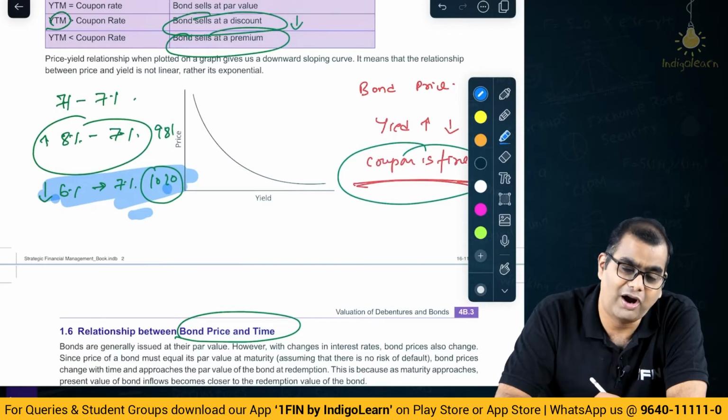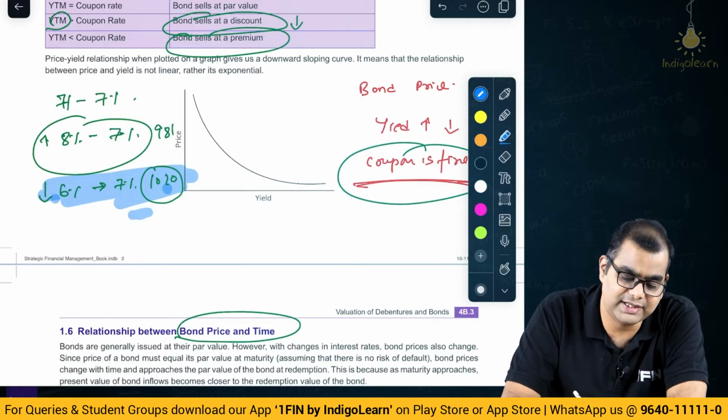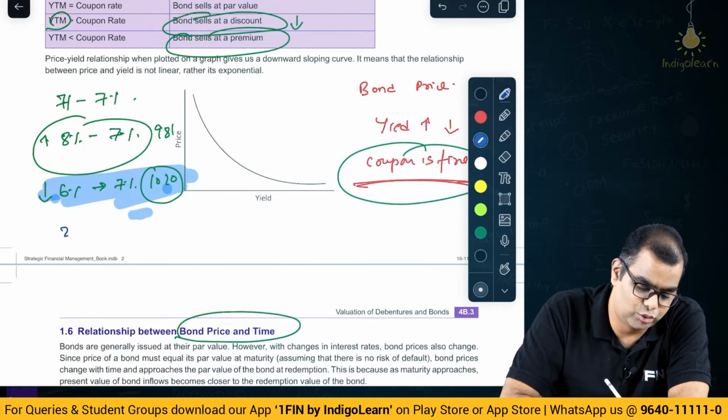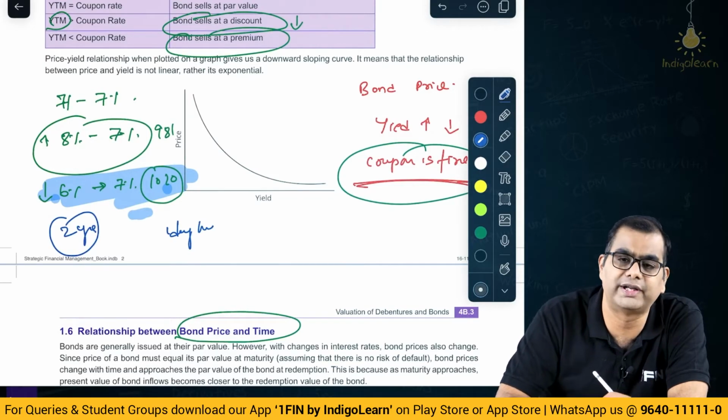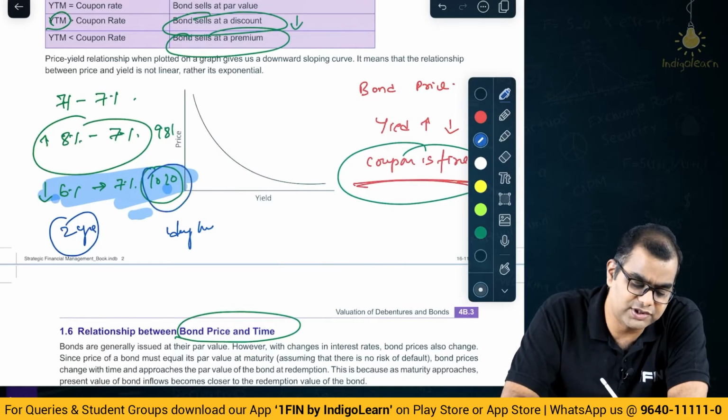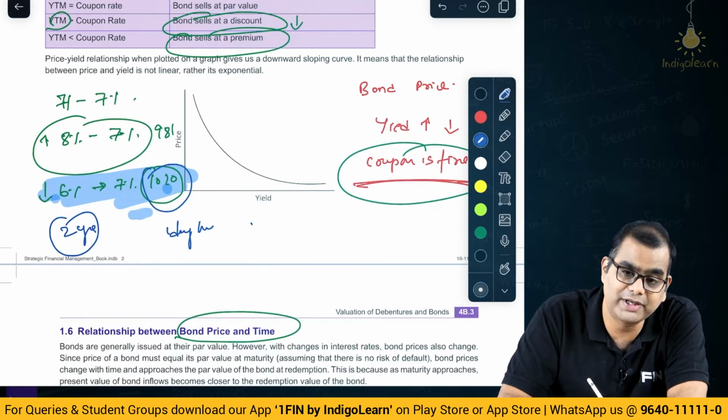But on the last day, this is 2 years before, but just 1 day before maturity, will bond price be 1020? Bond price will be close to 1000.